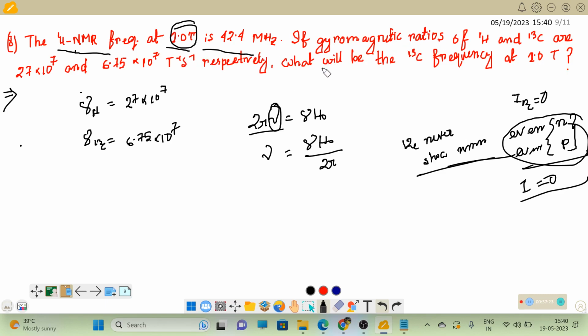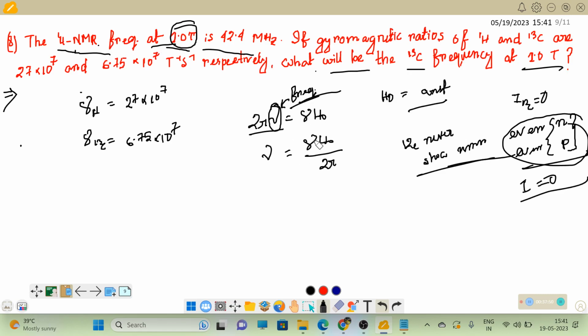And what will be the frequency, this precession frequency they are asking, at 1 T, meaning H0 is constant here. So for 13C at 1 Tesla, we have to calculate the frequency.